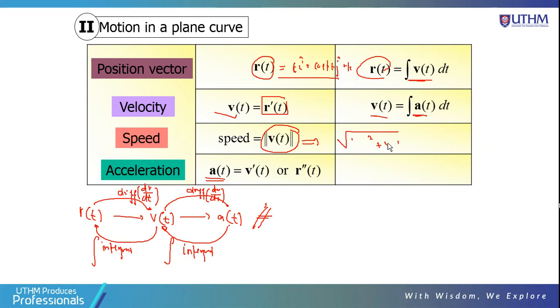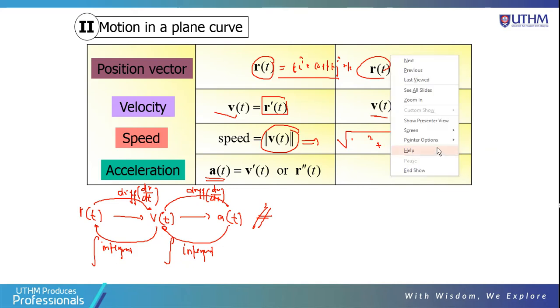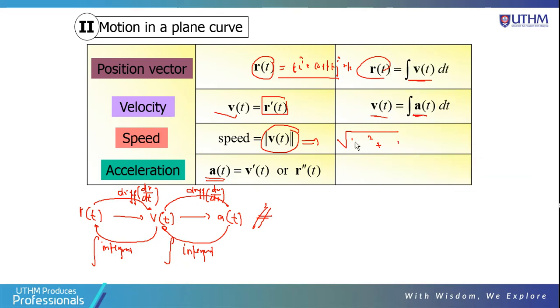You should know how to find the magnitude because we already learned it in the revision of the previous topic: the i component squared plus the j component squared plus the k component squared. After that there is no more ijk, it just gives a value, for example t squared plus cos squared plus 1.